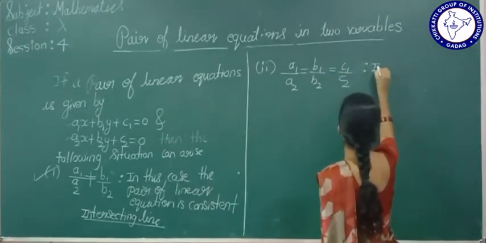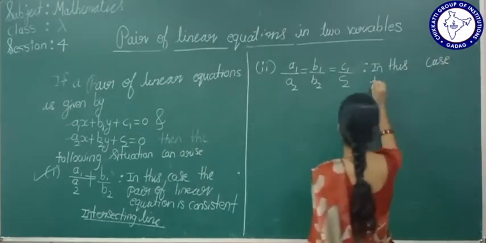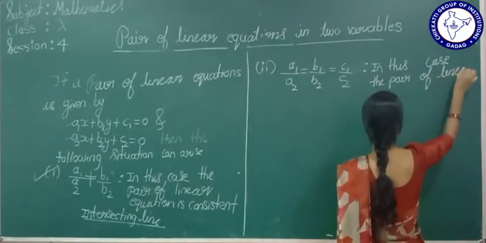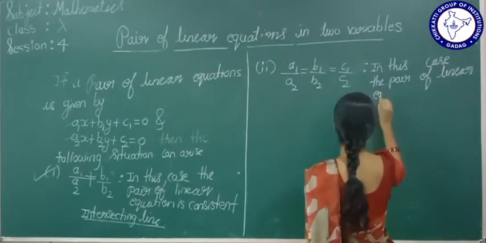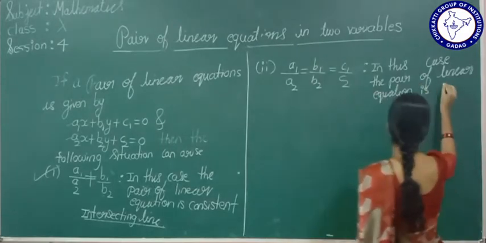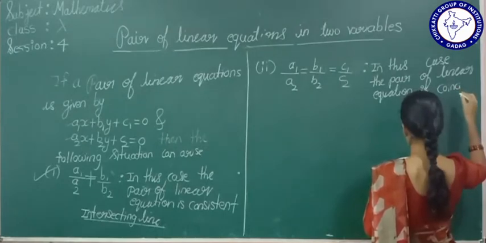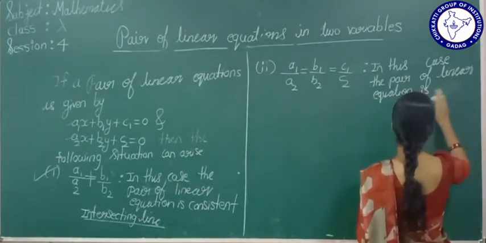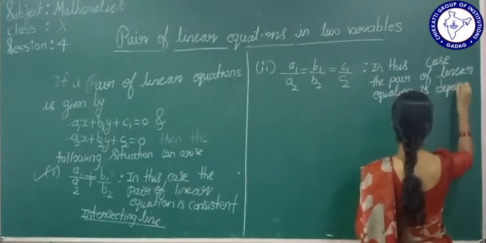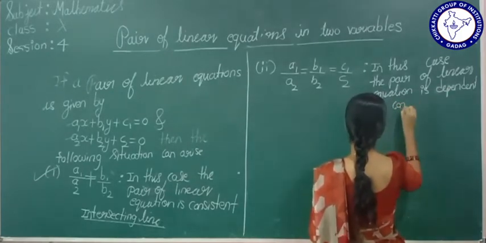In this case the pair of linear equations is coincident, or we can say dependent and consistent.